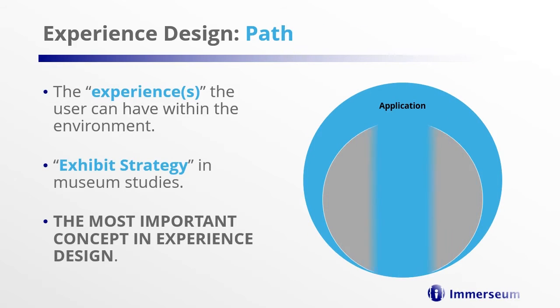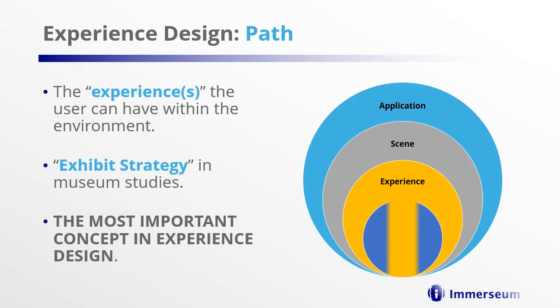Now, path is complicated. Path is probably, in our opinion, the single most important concept in experience design. It's this all-encompassing macro concept, because what it boils down to is the answer to the question, what can the visitor do? What are their choices within the environment?